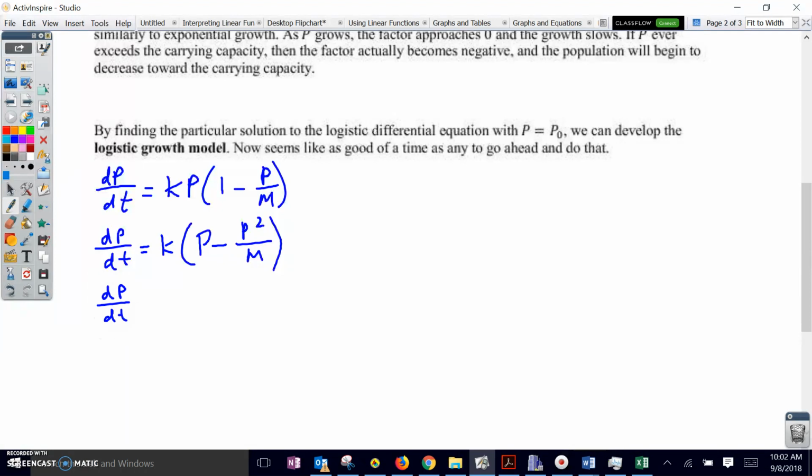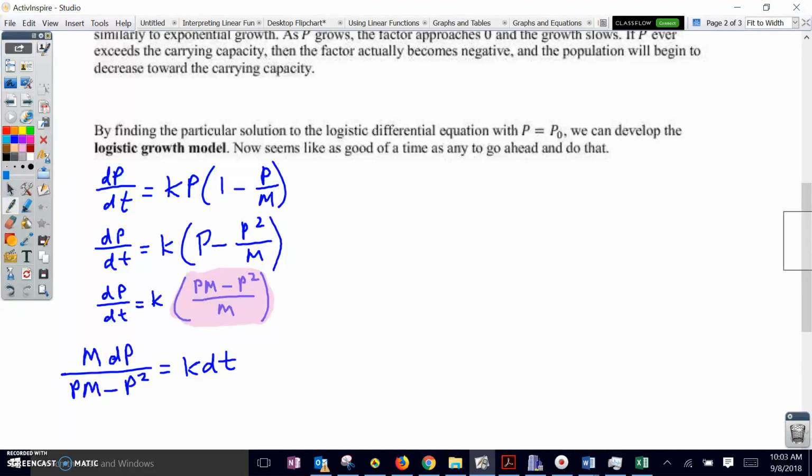So we've got dP/dt equals k times the quantity PM minus P squared, all over M. And then I'm going to do my separation by multiplying by the reciprocal of this and multiplying both sides by dt. That gets me to M dP over PM minus P squared is equal to k dt.